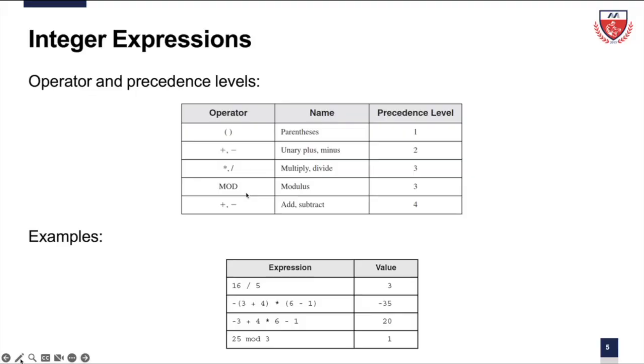Okay, so integer expressions. Some of the expressions that we see in assembly language: we have the parentheses, which has the highest precedence level, so it is the first to be calculated or performed. Next, the unary plus and minus, that's level 2 of the precedence, the order of calculation or processing.